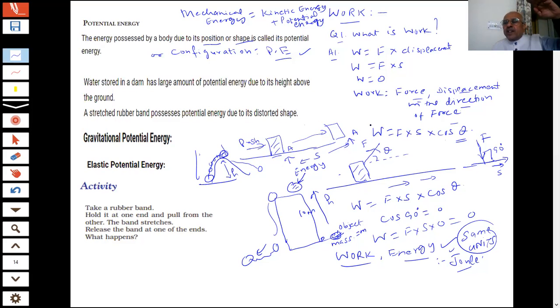Any other examples? Water stored in a dam has a large amount of potential energy due to its height above the ground. Very good. Any other things which you experience in everyday life? You have seen a stretched rubber band. A rubber band possesses potential energy.